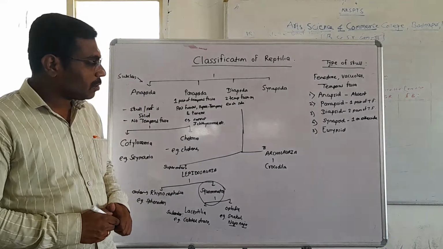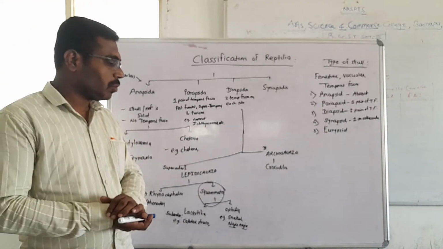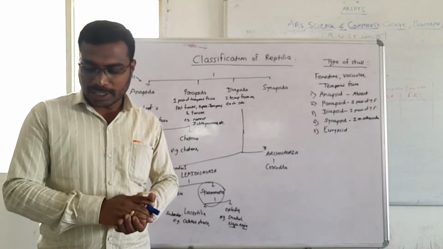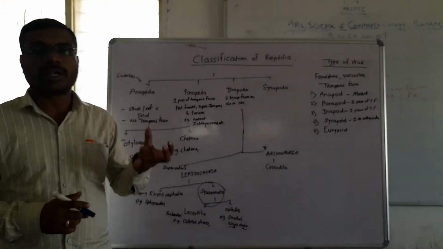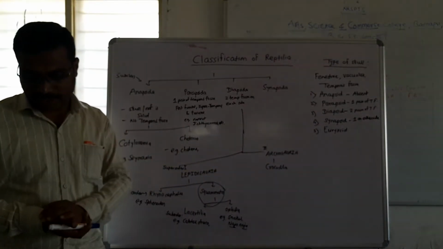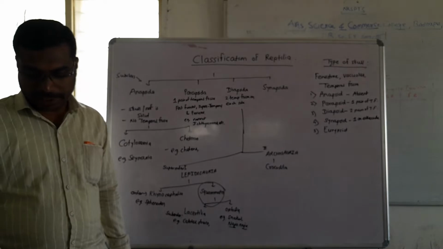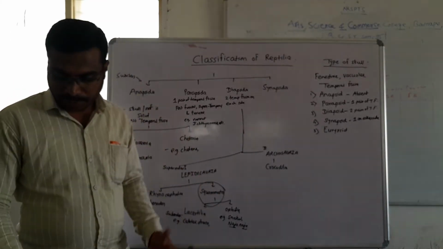It includes order Crocodila. Crocodila includes all freshwater and predatory forms. Their body is covered with an exoskeleton of thick horny epidermal scales. Teeth are thecodont type. They have an immovable quadrate bone.